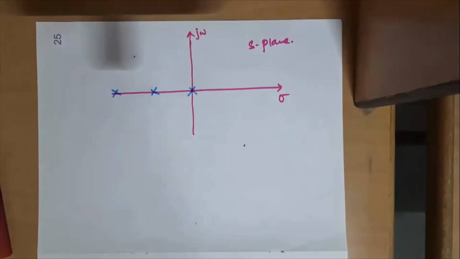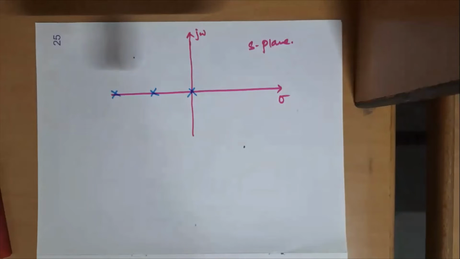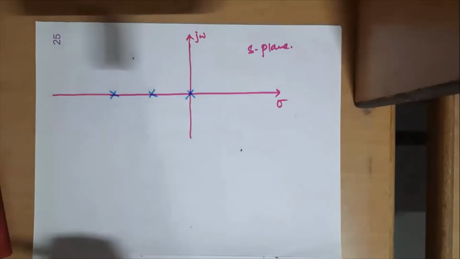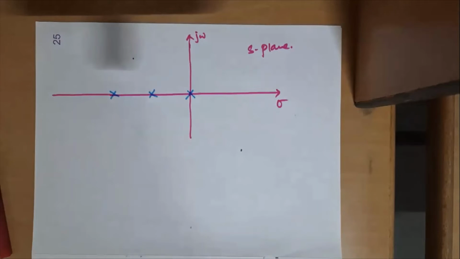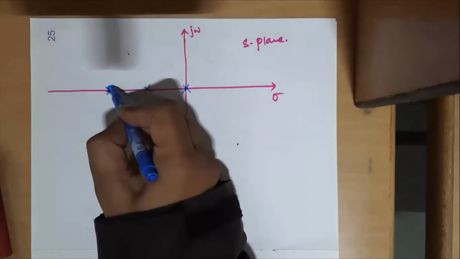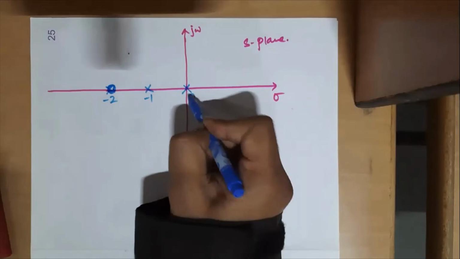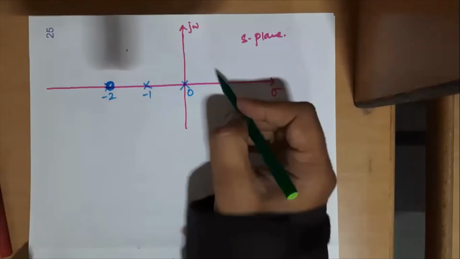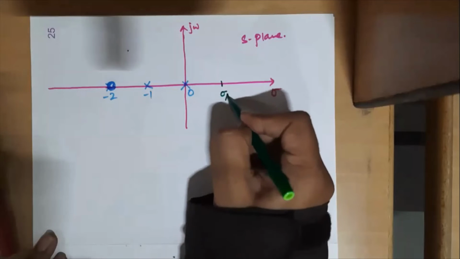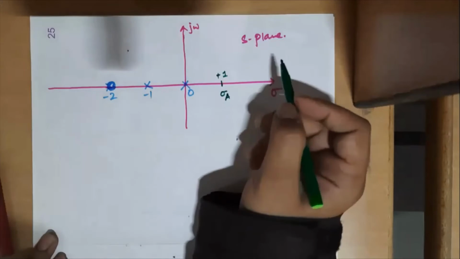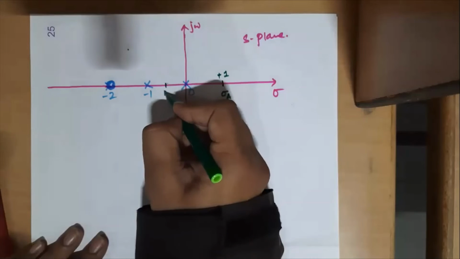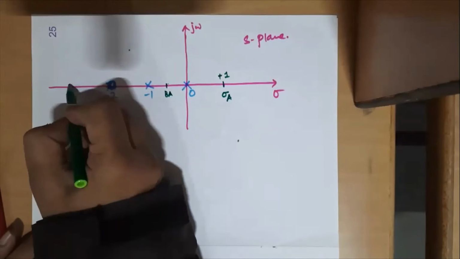So we have poles at 0 and -1 and a zero at -2. And we have a centroid at +1. We have a breakaway point. We have a break-in point.